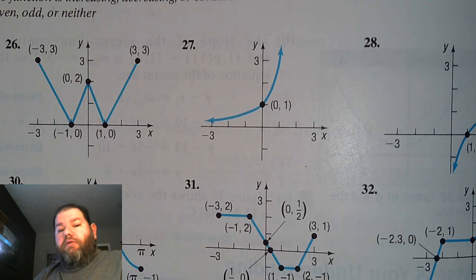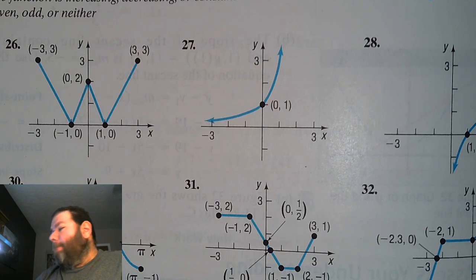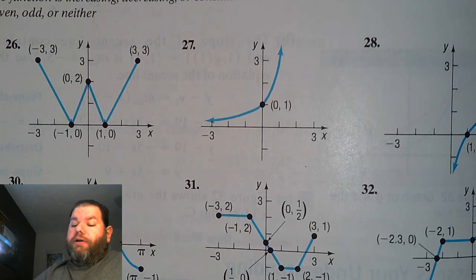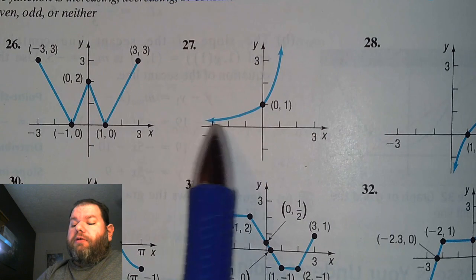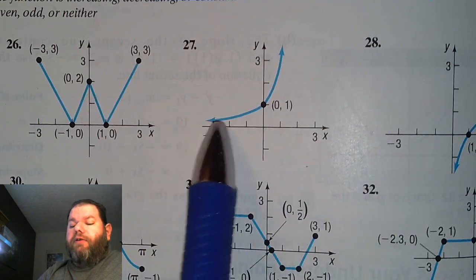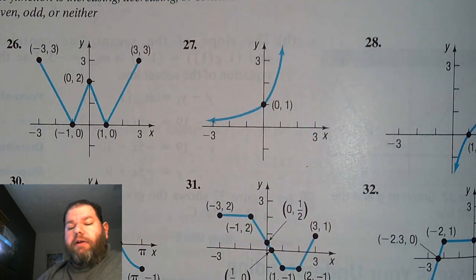That answer, 0 to infinity, is actually the range on part B. Vertically, it doesn't drop below y equals 0, and it goes everything above that up to infinity.